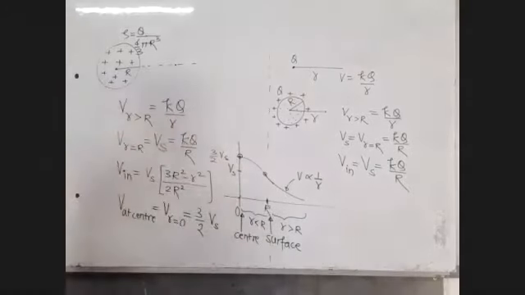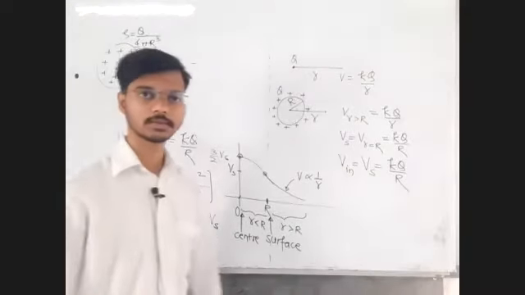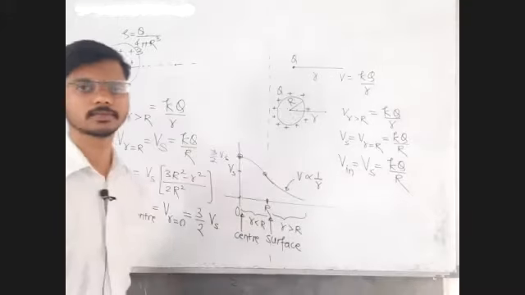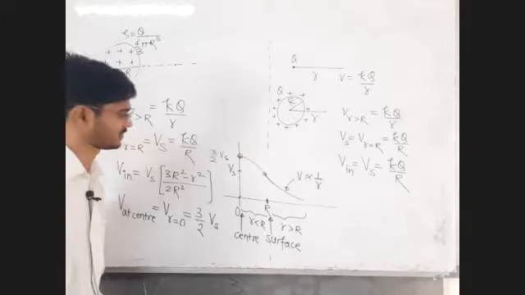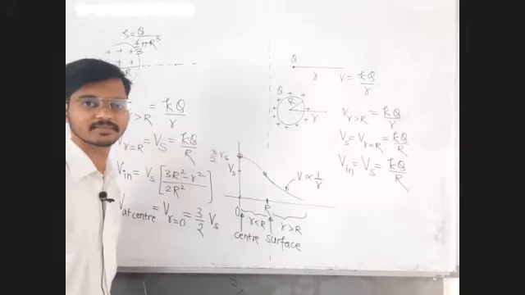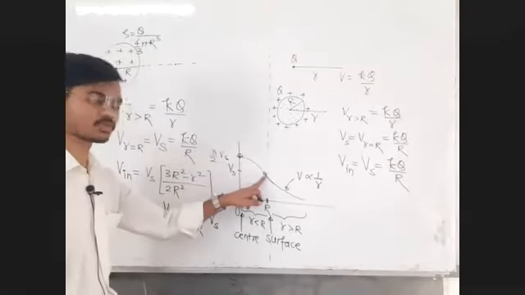Reply to me in the chat box. Clear? Speak up everyone. Is this graph clear to all of you? Sir, center potential is this. Surface is this.